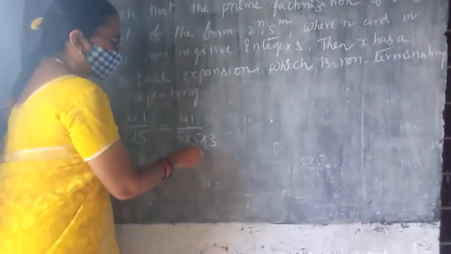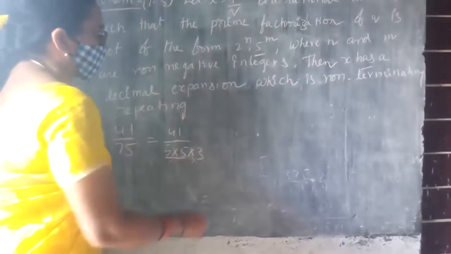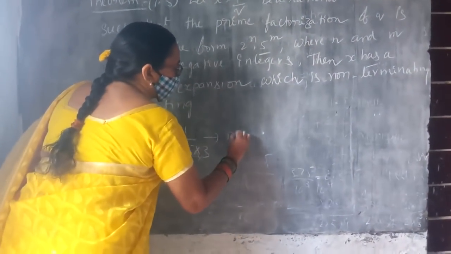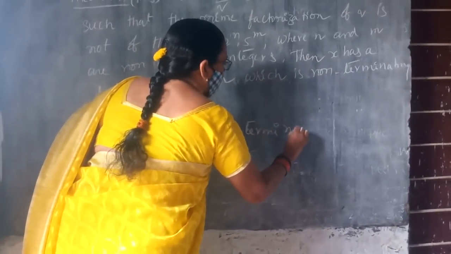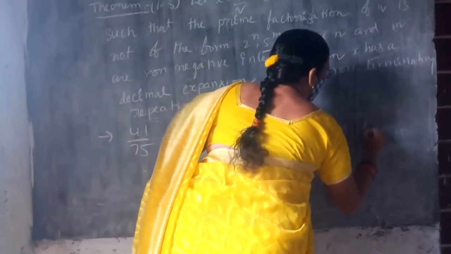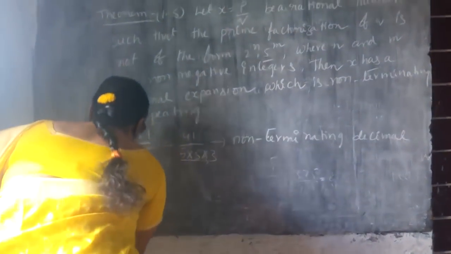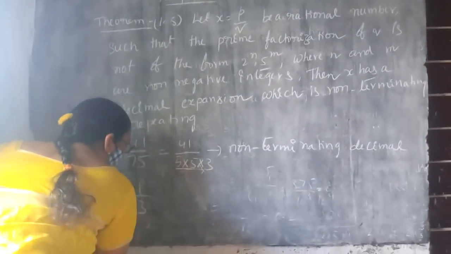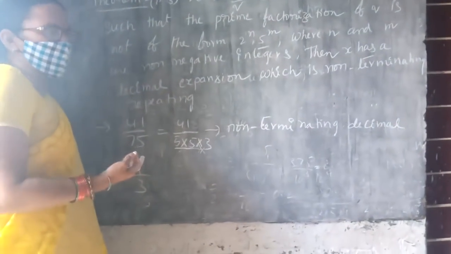It is in the form where 5 is there and another factor 3. It is a non-terminating decimal. Next, see another example. 1 by 3. This theorem states it, but what is the actual division?